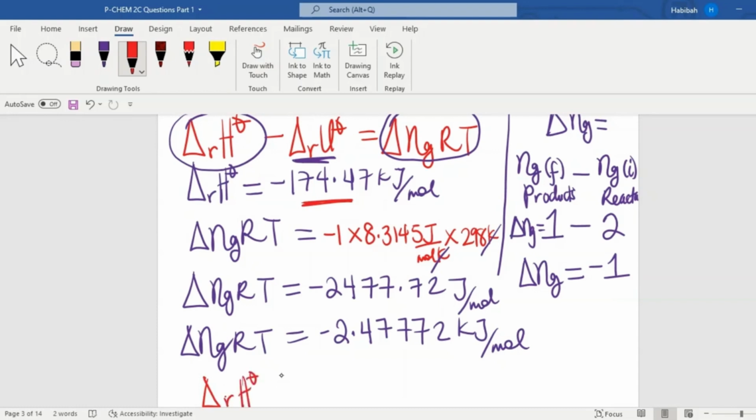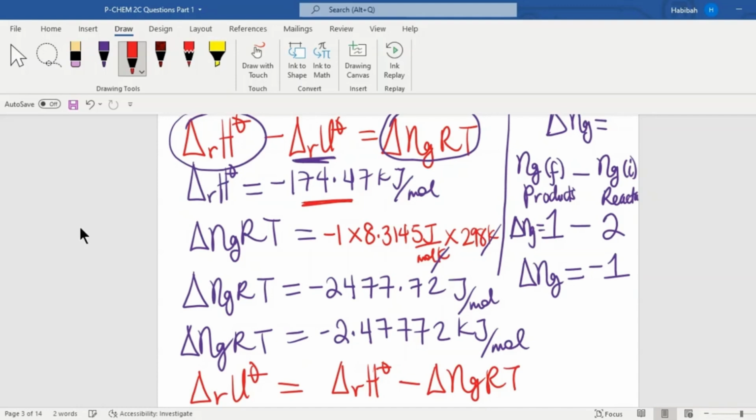So going back to our math, rewriting this in terms of the change in internal energy of reaction, we know the change in internal energy of reaction is going to be the change in enthalpy of reaction minus the change in number of gas molecules times RT.